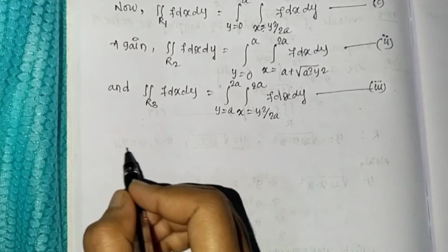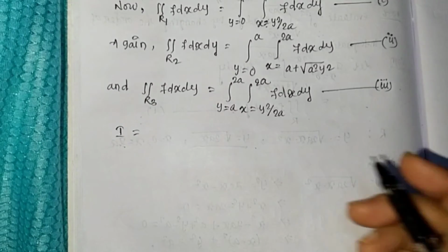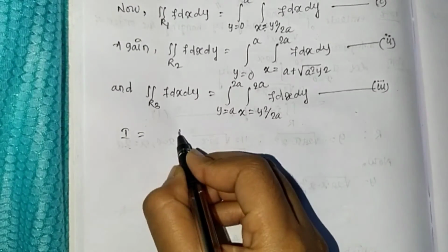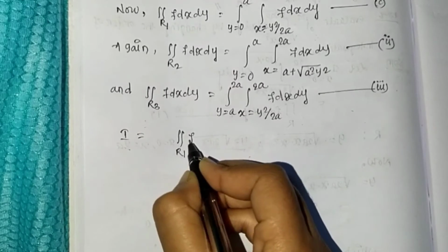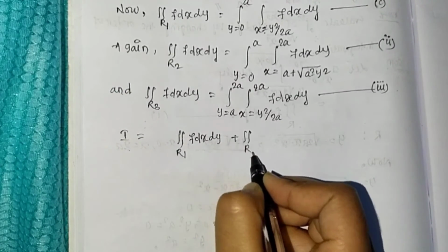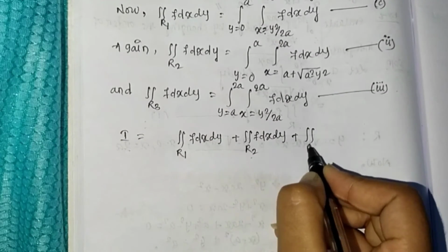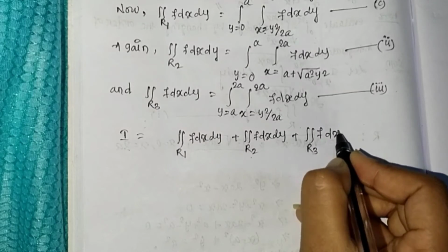Then our I equals the double integration over R1 of f dx dy plus the double integration over R2 of f dx dy plus the double integration over R3 of f dx dy.